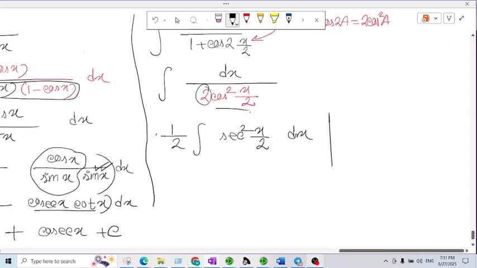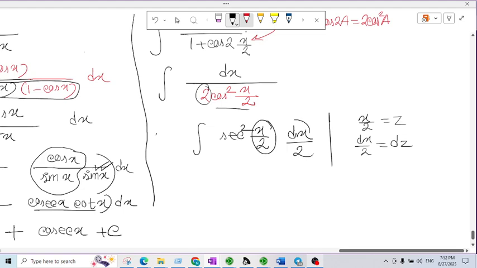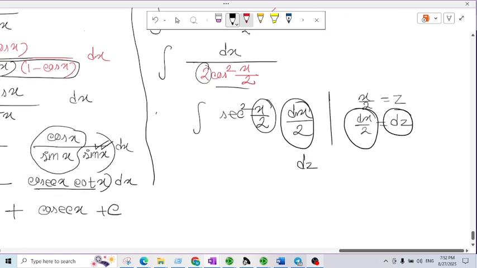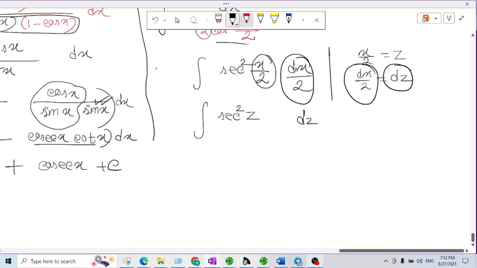Okay, so now let's assume that this x by 2 is equal to z, so we can write dx by 2 is equal to dz, right? Let me pick this half along with it, and we can write this dx by 2 is equal to dz, and sec square x by 2 actually is equal to sec square z.